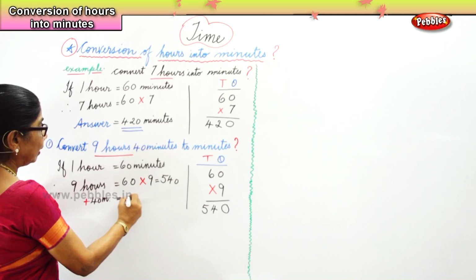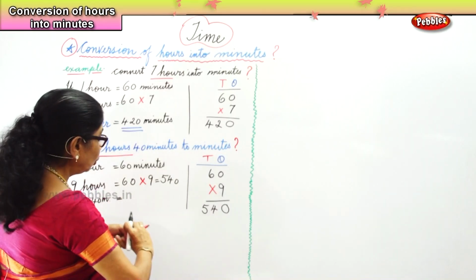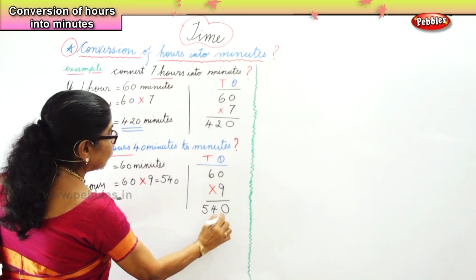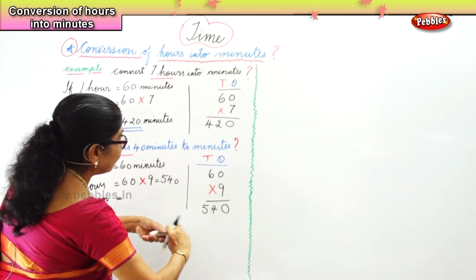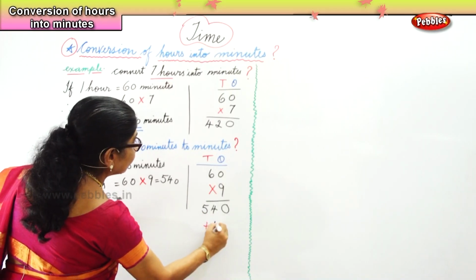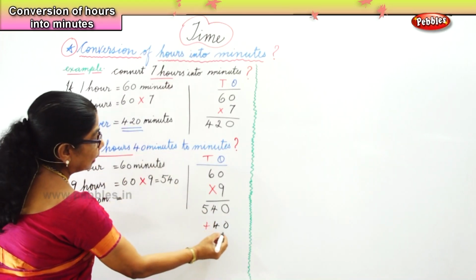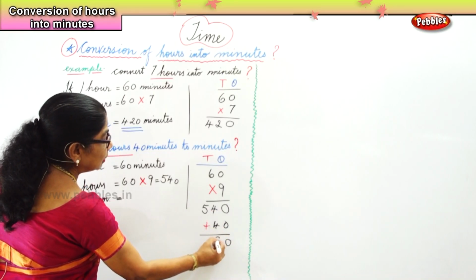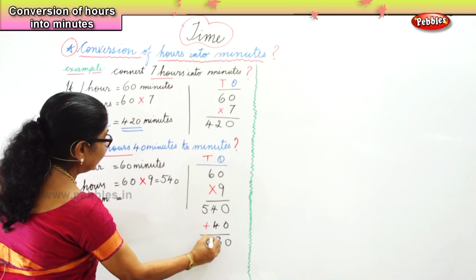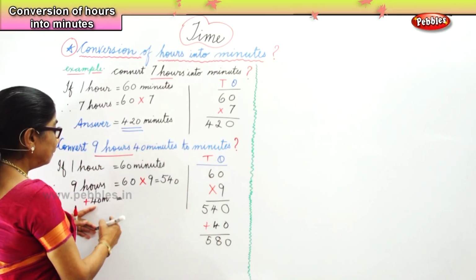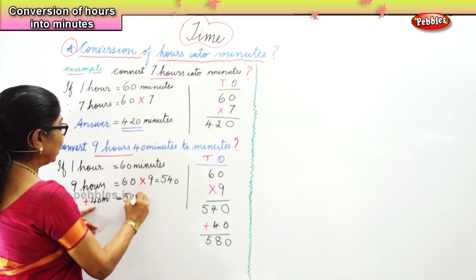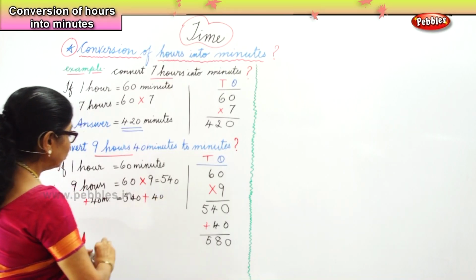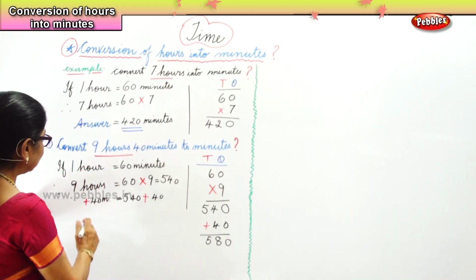You will get 540, and then you will add on plus 40. 0 plus 0 is 0. 4 plus 4 is 8, and you bring the 5 down. So you're going to add 40 minutes to 540.